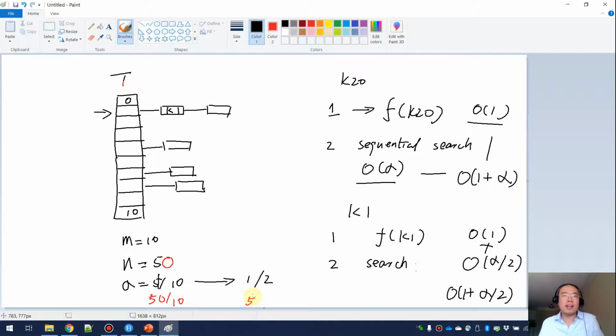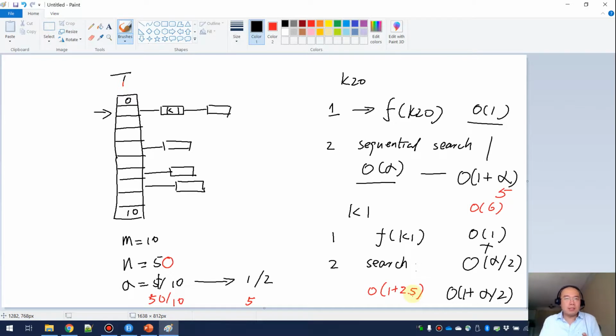This is already a lot because we have only 10 slots, however we have already got 50 items in it. So what is alpha? It is 5, right? So in this case, O(1 + alpha) will be O(1 + 5), so that will be O(6). And then for the successful search, this is O(1 + alpha/2), which is 2.5, so this is O(3.5).